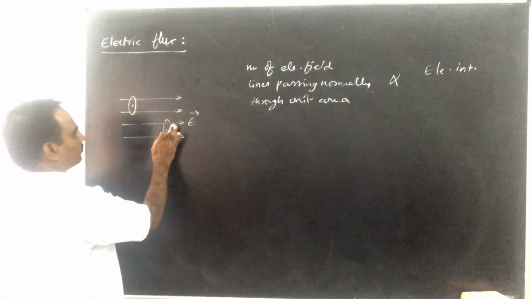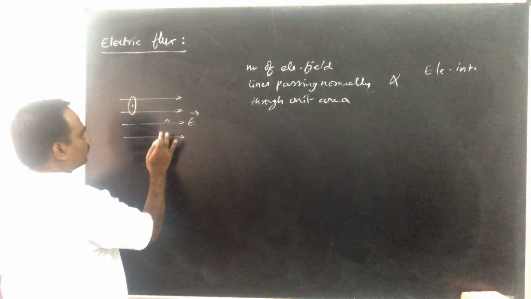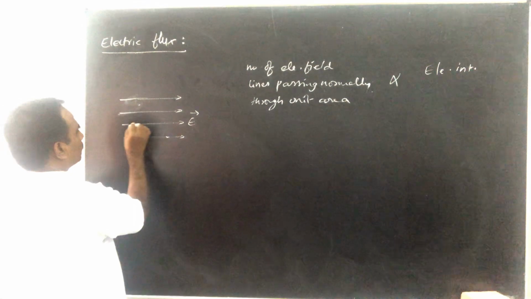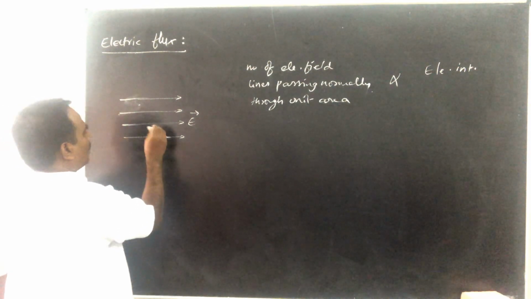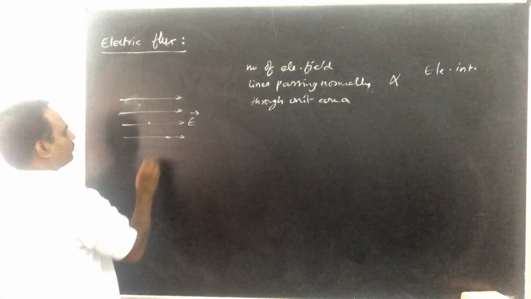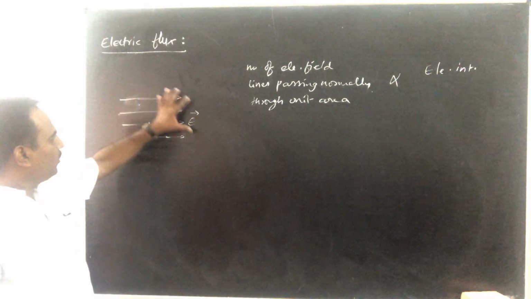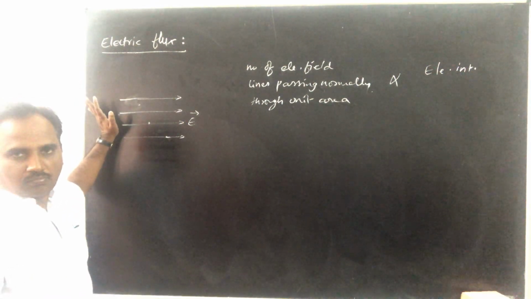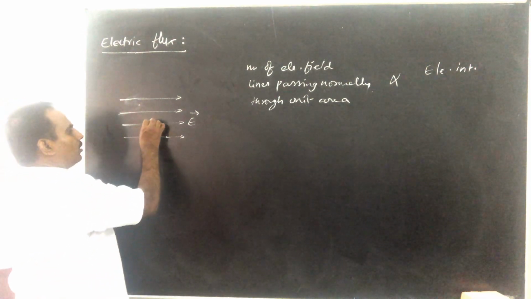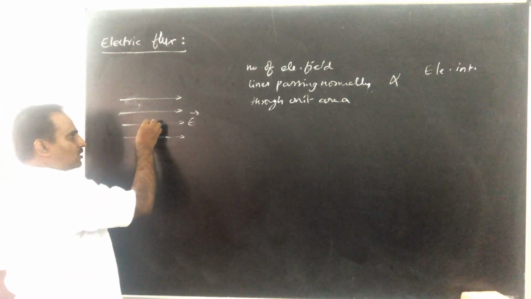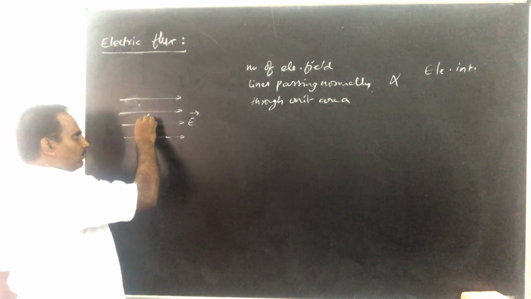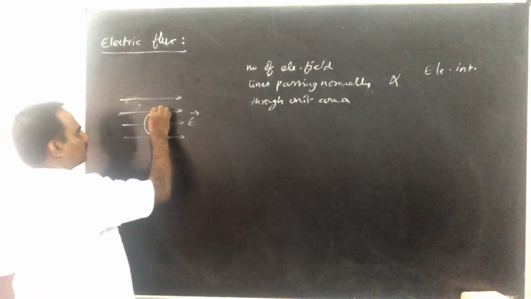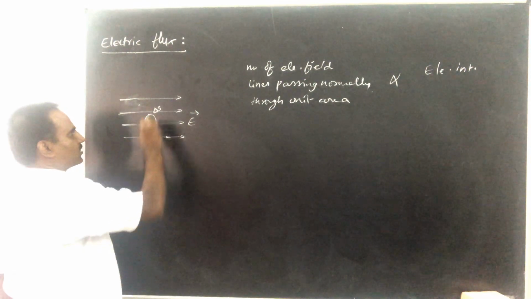Here, I consider this point. This being a uniform electric field, everywhere the strength of the electric field is the same. Around this point you consider some area, say delta S, a small element of area delta S.